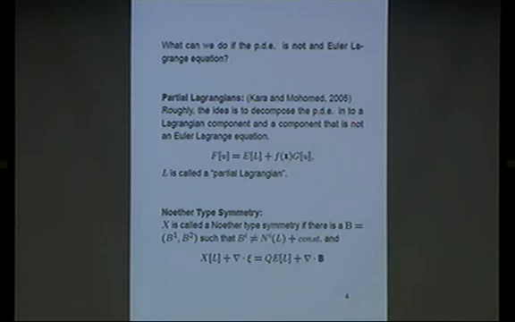In 2005, people were doing this in kind of a haphazard way, but they formalized this idea of this partial Lagrangian, and literally what they're doing is you can carve off a Lagrangian part of the equation, this thing here, and then you've got some other thing over here that isn't an Euler-Lagrange equation.